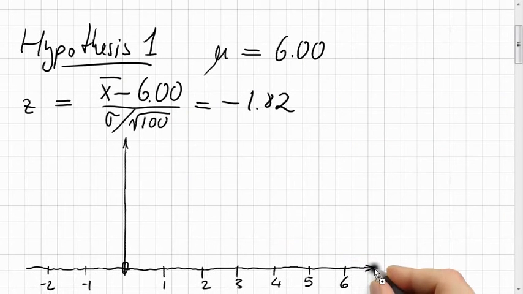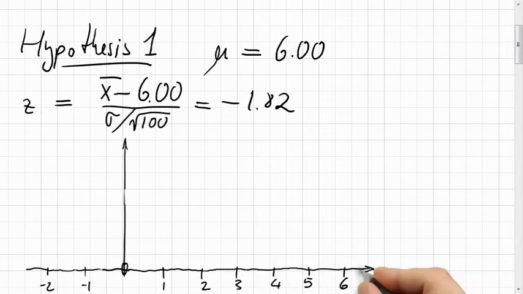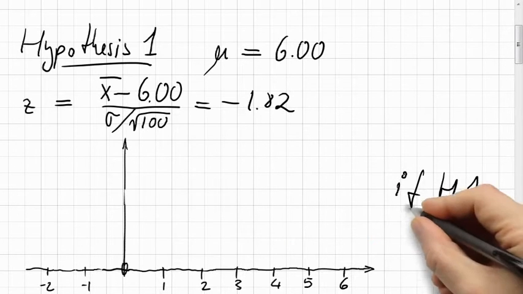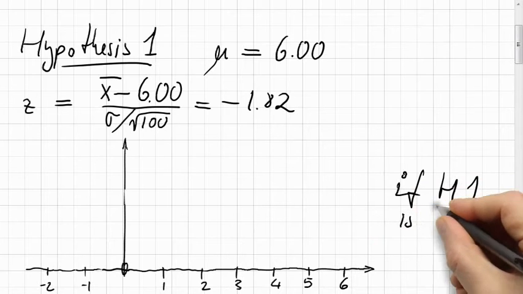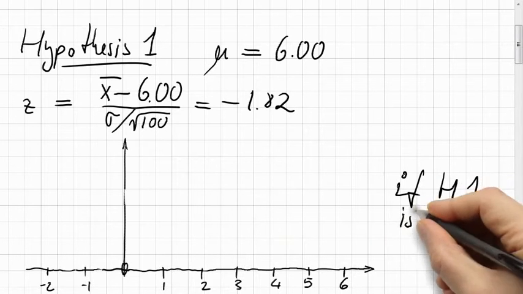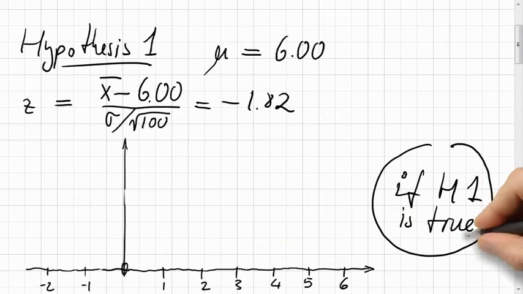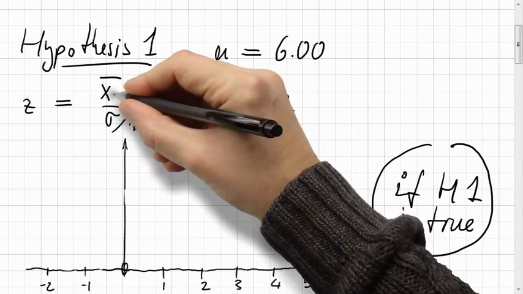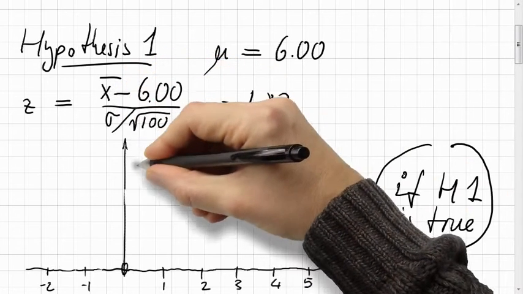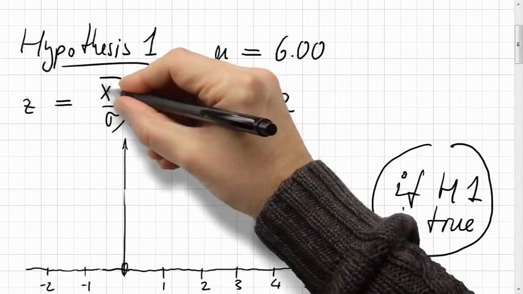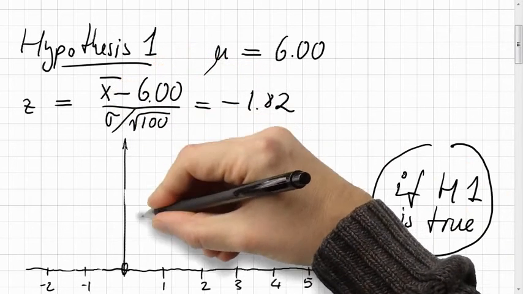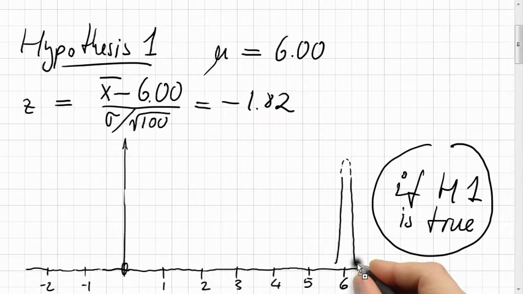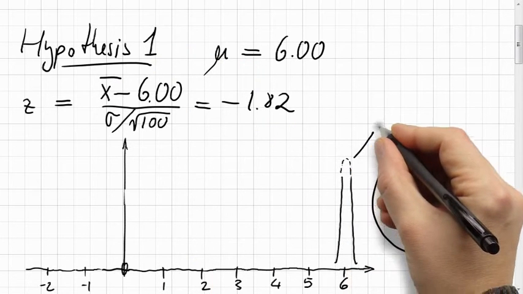So let's look at the distributions of these random variables. If, that's important, if this hypothesis is true, let's start with the mean of the 100 measurements. That's pretty much centered around 6. So this is what it's going to look like.